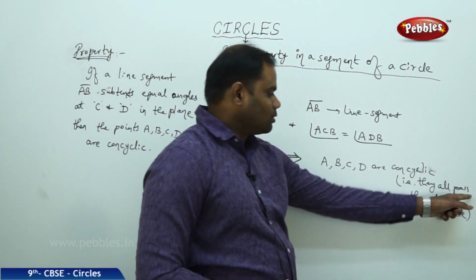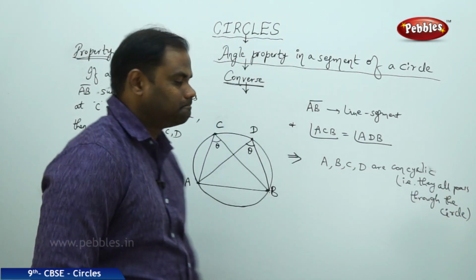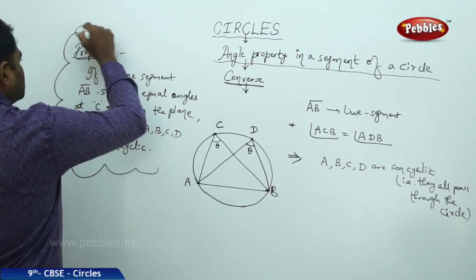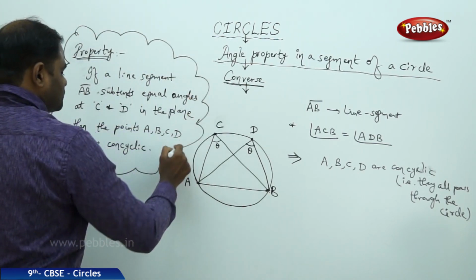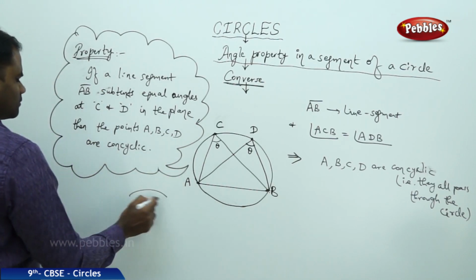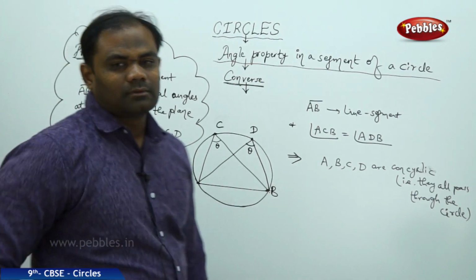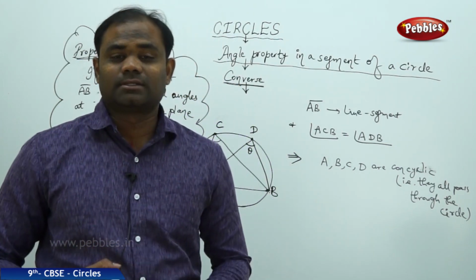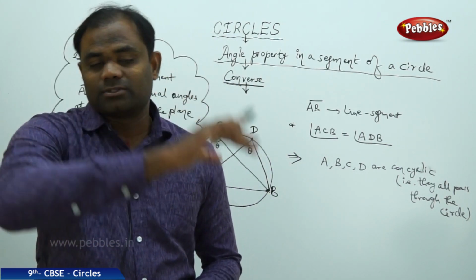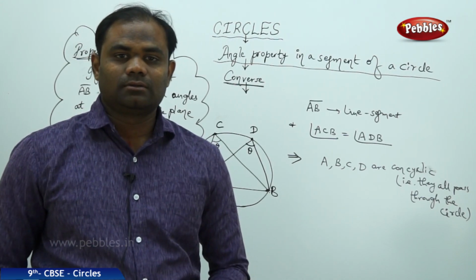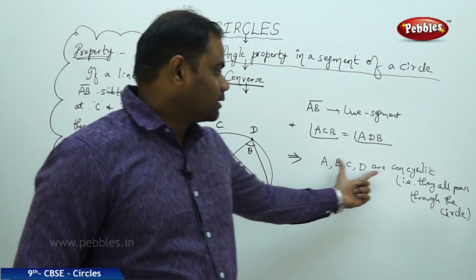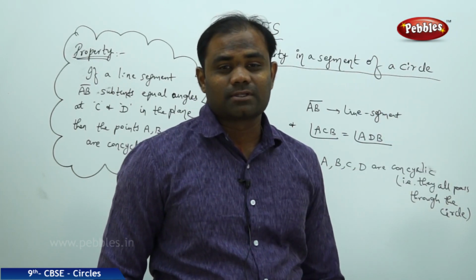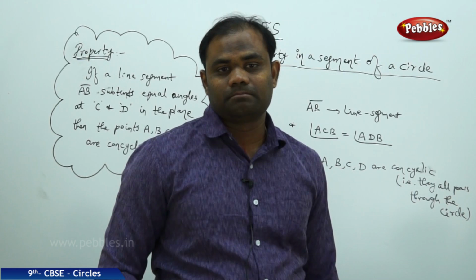That is, they all pass through the circle, is how we understand the property connecting the line segment which makes equally subtended angles and hence passes through the circle. This is the converse of the segment theorem.